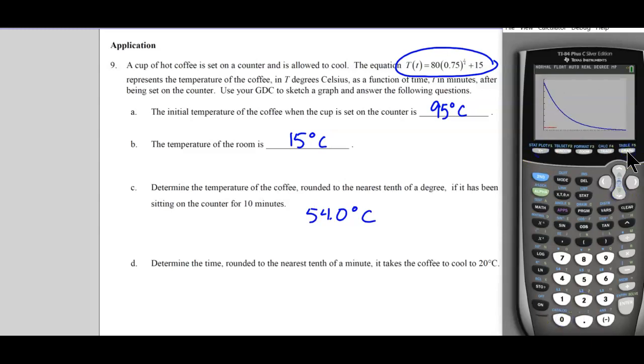Okay, and then intercept, that's going to be nearest tenth of a minute, 38.6. Okay, so that's the end.